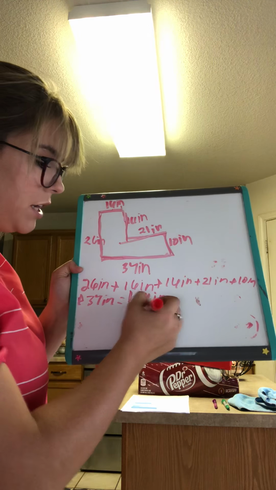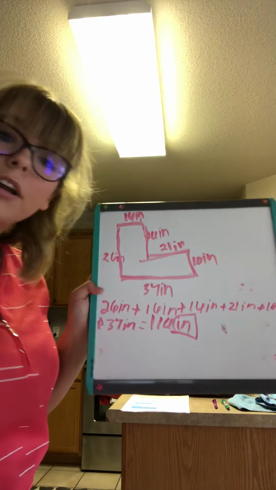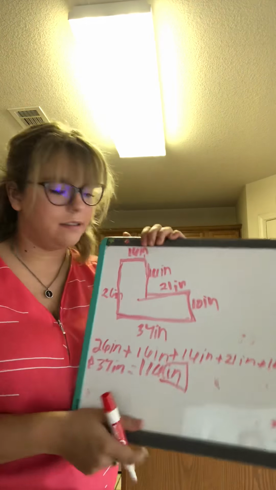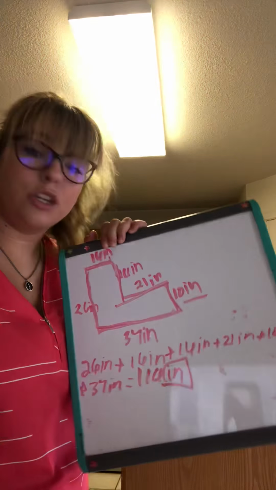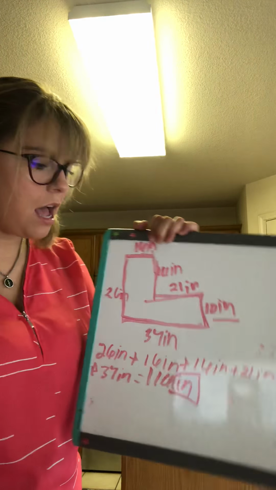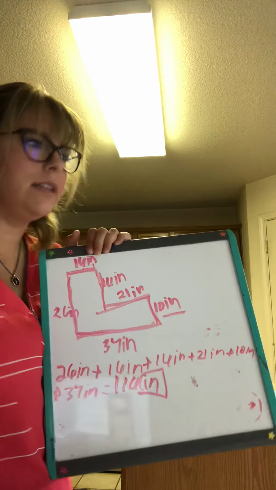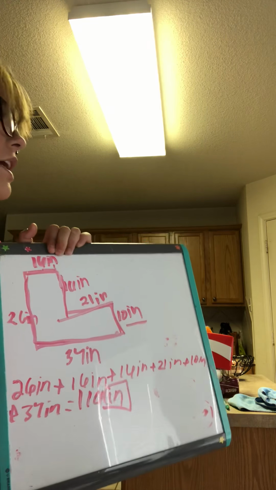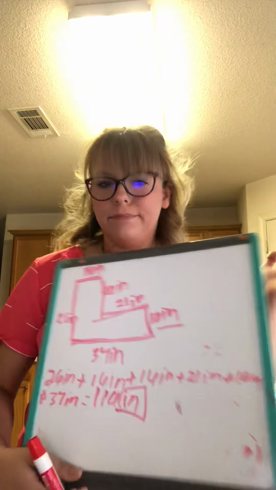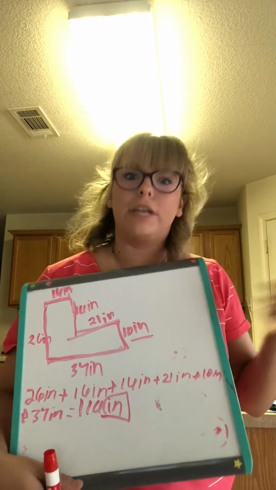Notice how I'm still putting inches right here. If your perimeter calculation has a unit of measurement, you always want to put it there. So, for example, let's say you're building a tree house.